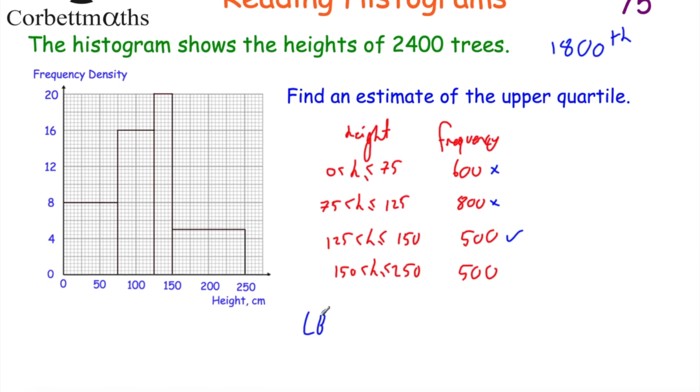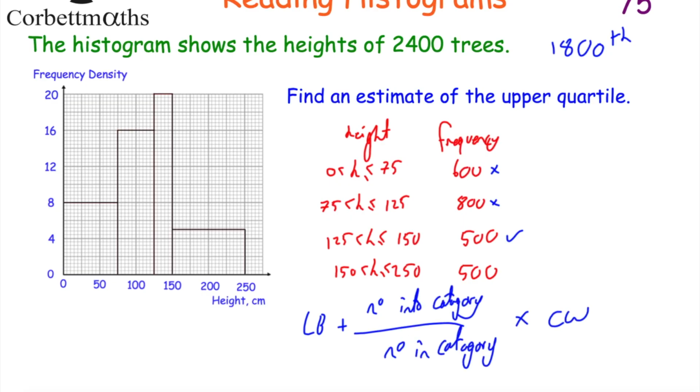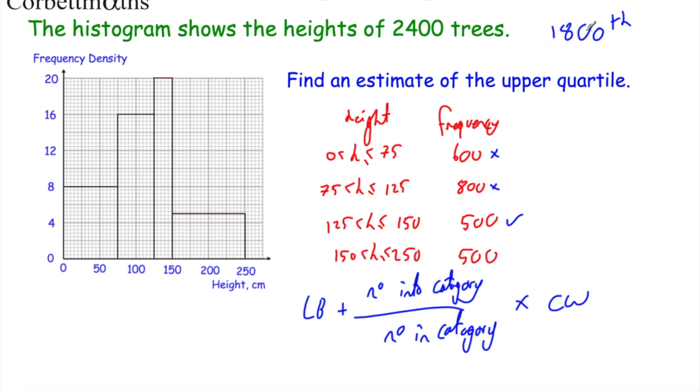So it's the lower bound plus the number into category over the number in category times the class width. So in terms of this category here, we're looking for the 1,800. So it's in this category, we know that. So the lower bound is 125 plus. Well, we had 1,400. We want 1,800. So we need to go over 400 into this category. So 400 into the category over the number in the category, which is 500.